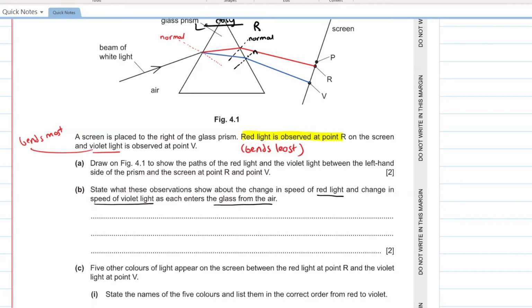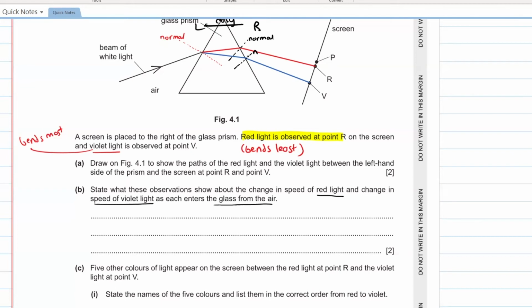What does this tell us about the change in speed of red light and violet light? If you notice, what is red light doing, beta? Red light is bending less.